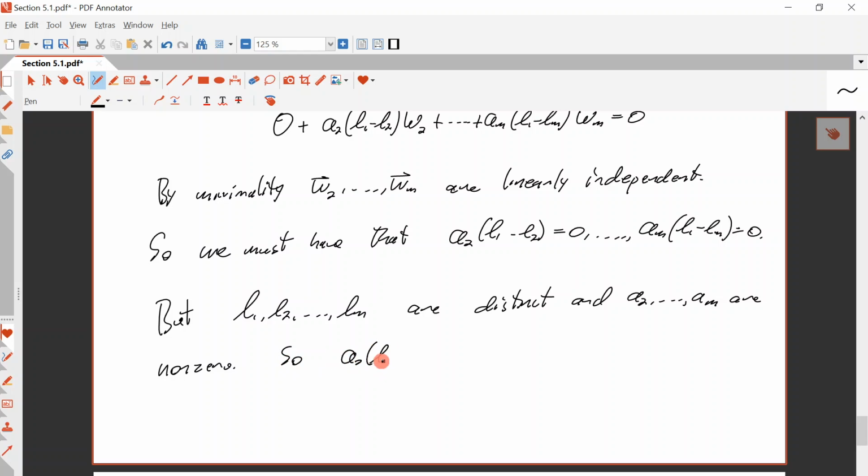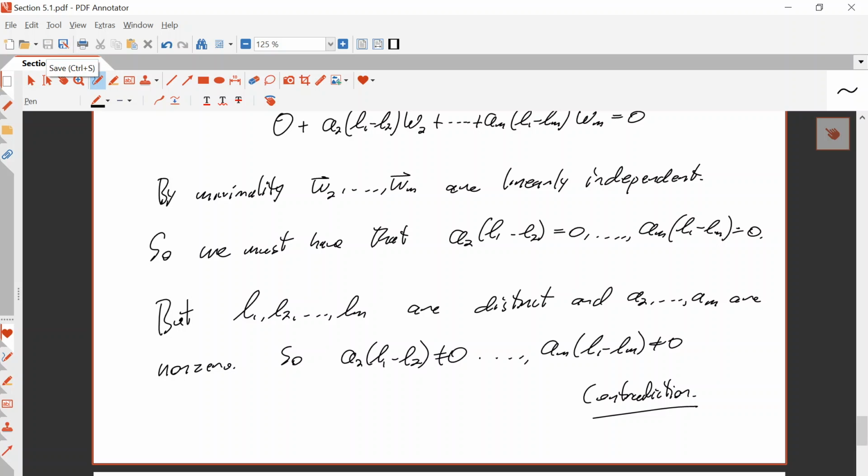So A2 L1 minus L2 is not 0, and all the way through AM L1 minus LM is not 0. Right? It can't be 0. The A is not 0, and L1 and L2 are not the same, so that's non-zero. So that's a contradiction. All right, so that's the end of that proof.